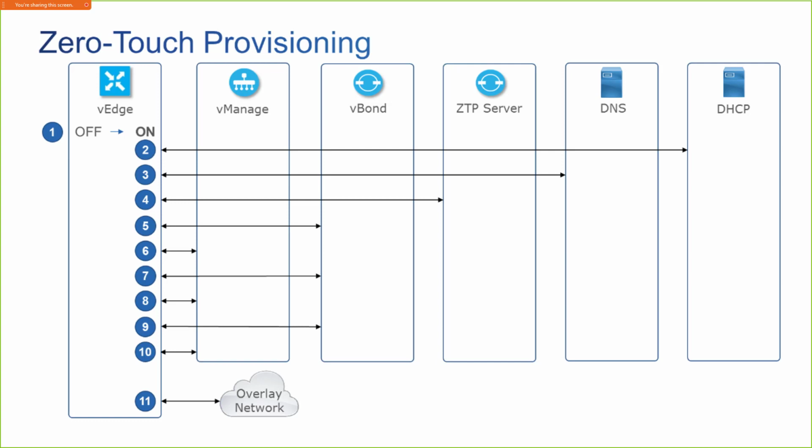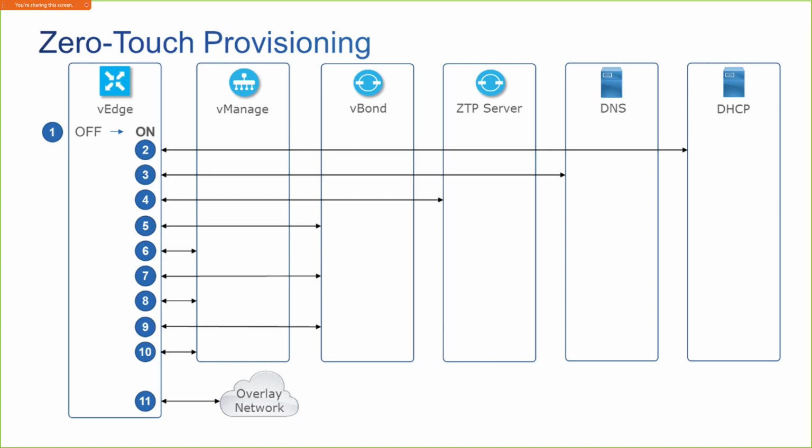Once the device boots up, it will dynamically obtain an IP address, a gateway, and DNS information through the DHCP process from an upstream WAN transport device. That's why we see DHCP listed at the far right for step number 2. Then that vEdge device makes a DNS request to ztp.viptela.com, the ZTP server.